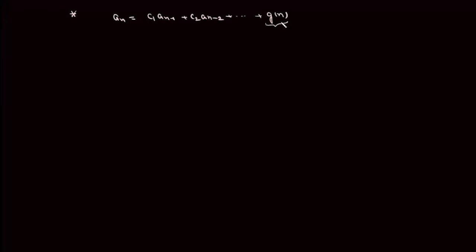In this case, we write the general solution as a_n equals a_n homogeneous plus a_n particular. So we find the solution considering the homogeneous part, and we find any one particular solution.